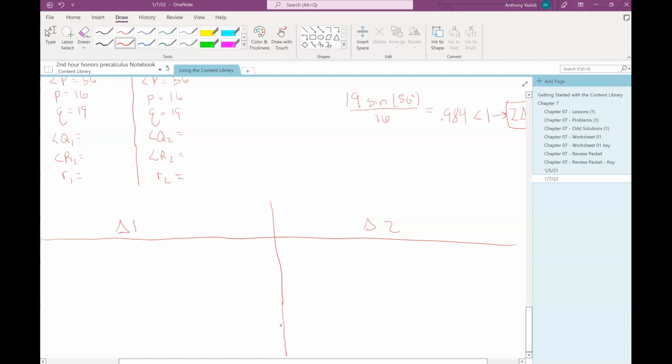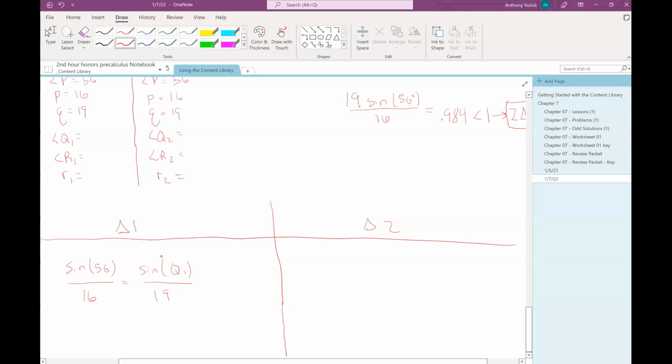Okay. So for triangle 1, I'm going to approach this exactly the same way that we did yesterday. I'm just going to start with sine P over P equals sine of Q1 over Q. Note that I knew I had to solve for Q1 first because I don't know angle R or side R, right?